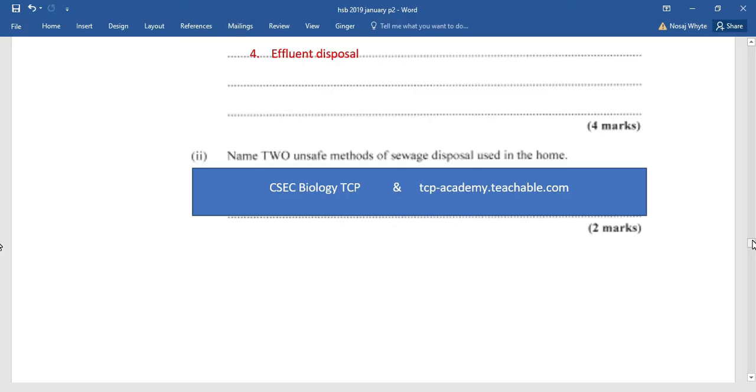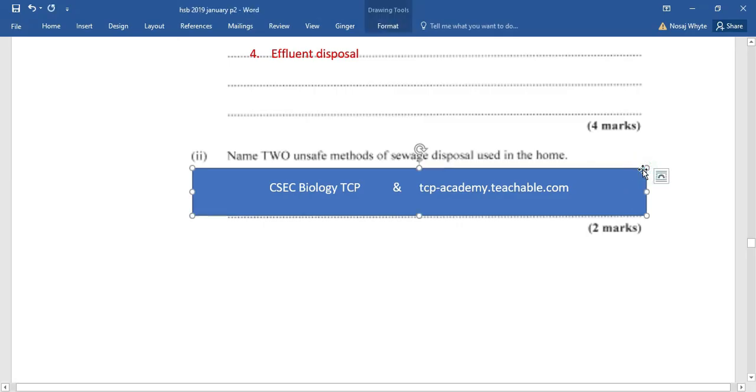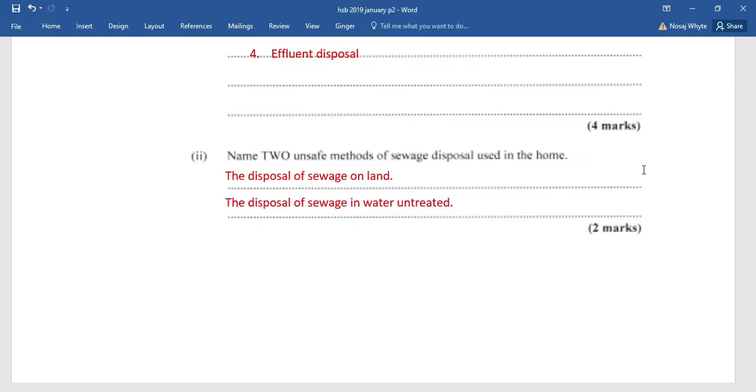All right, this might not be your home, but of course it affects many homes, more so some of these homes that are in shanty villages or poorer communities will have this problem. And a lot of persons can relate to this: the disposal of sewage on open land. Another is the disposal of sewage in water.